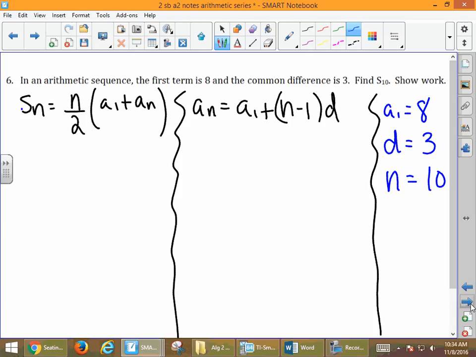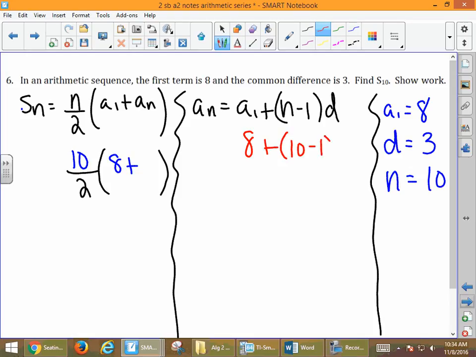We can put the 10 back in here in our formula. We know our A sub 1 is 8. We don't know what A sub n is, and that's when we have to go back and use this formula again.